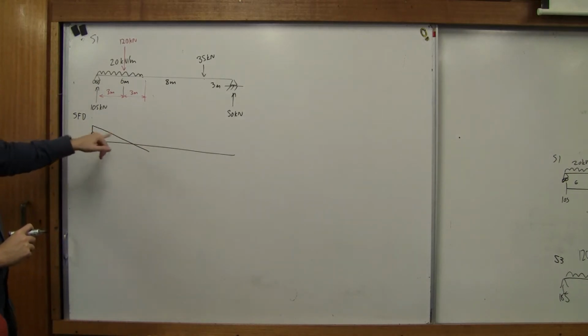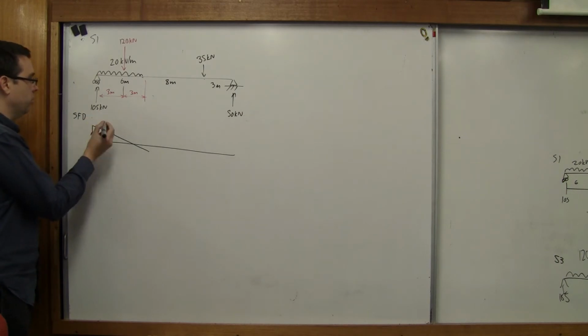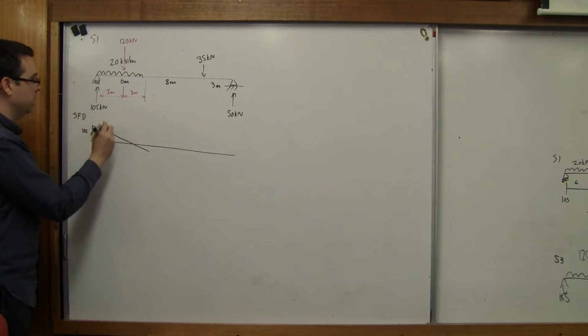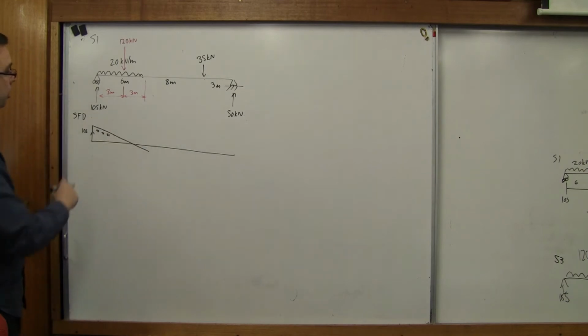Now, it's diagonal because for the first metre, we went from 105 and down 20, so the first metre, we're at 85. And then the next metre, we went down, so we're now at 65, then 45. And so on until eventually we get down to this point here.